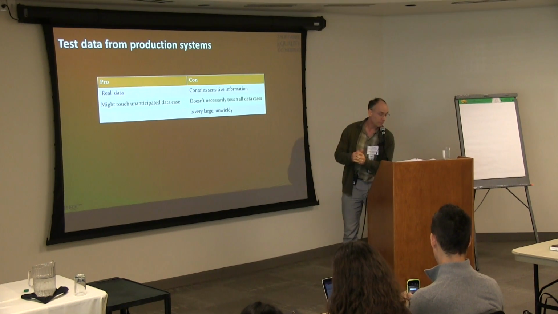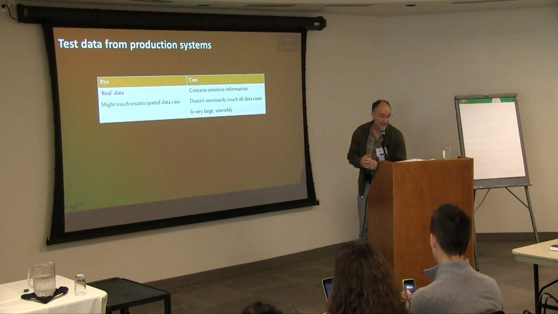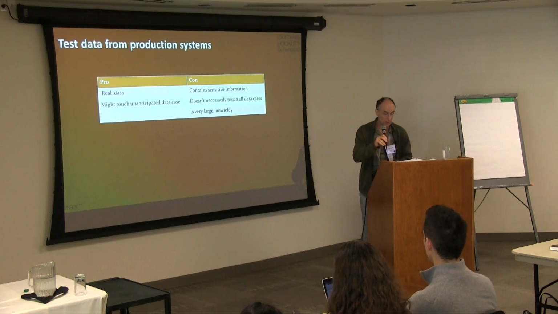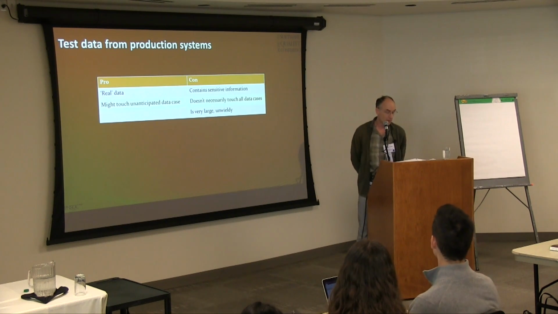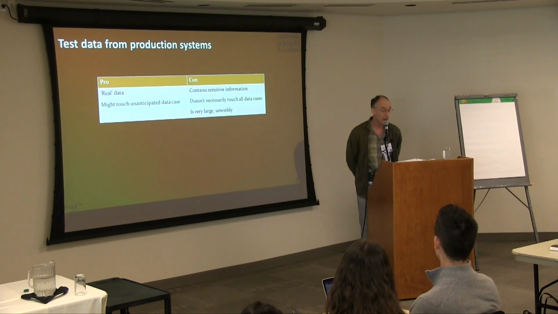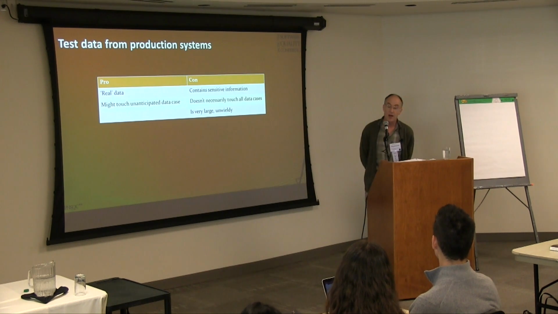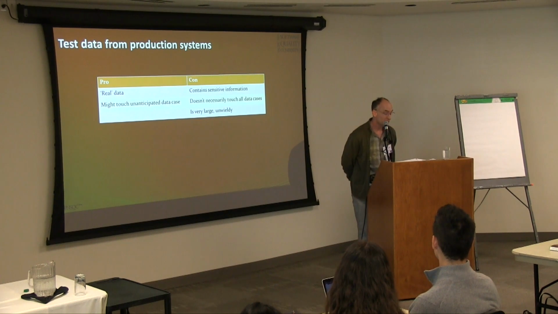Some of the cons are that it contains very sensitive information. We call it PHI, or PII, personal identifiable information. Hospitals are very reluctant to let that data go off their systems. So if we're to use that data, we must go onto their systems.